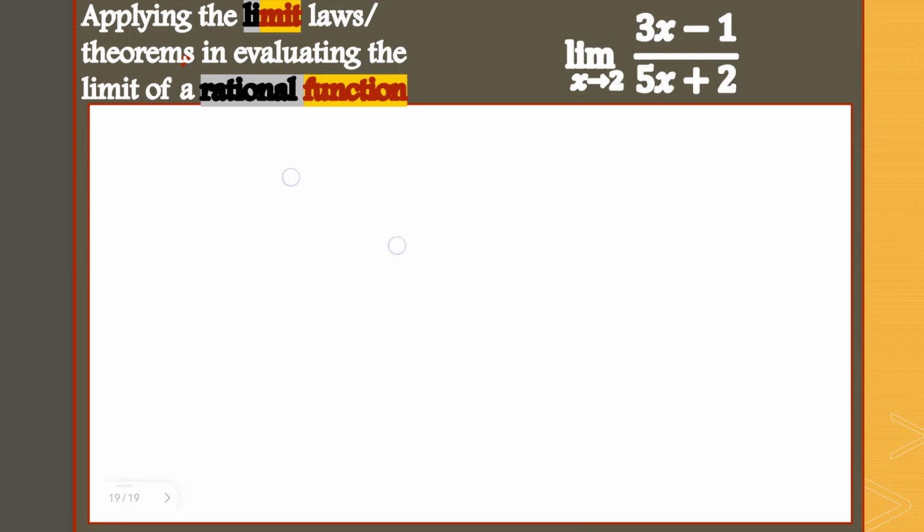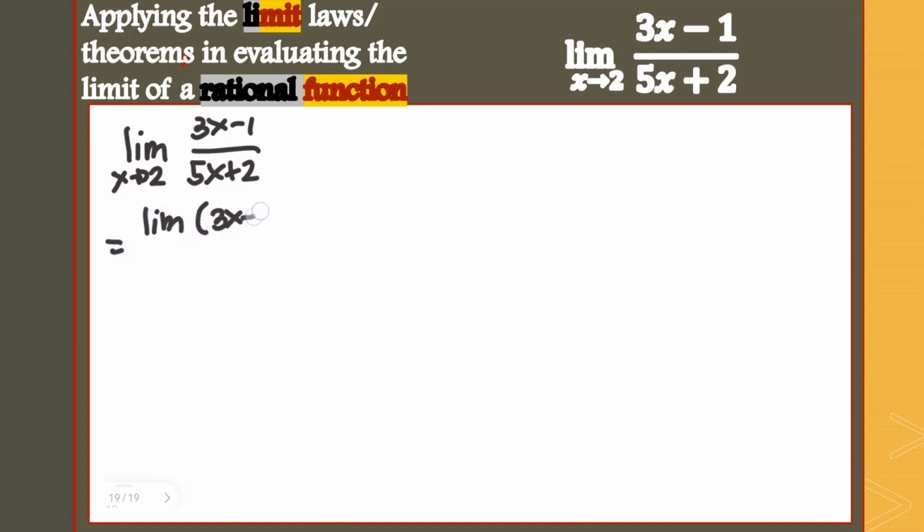We have here the limit of 3x minus 1 over 5x plus 2 as x approaches 2. So without using the limit theorem for rational function, which entails direct substitution, we have this format. You have the limit of 3x minus 1 as x approaches 2 divided by the limit of 5x plus 2 as x approaches 2.